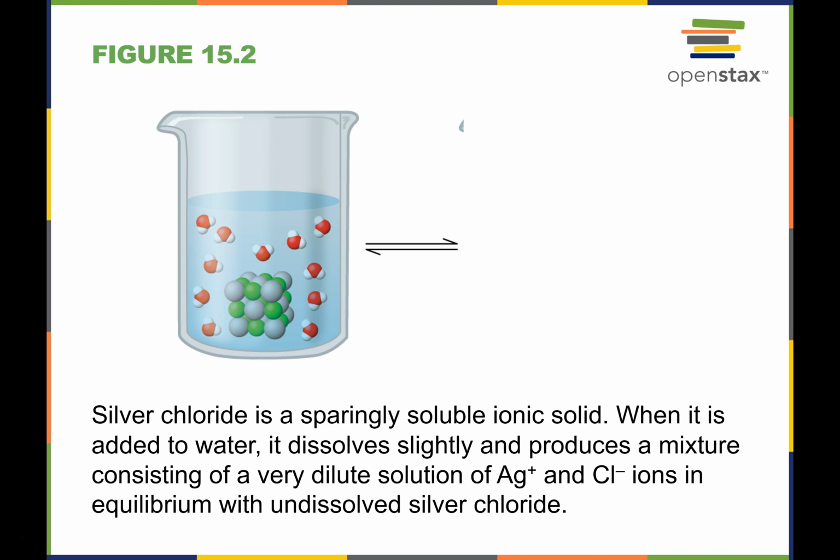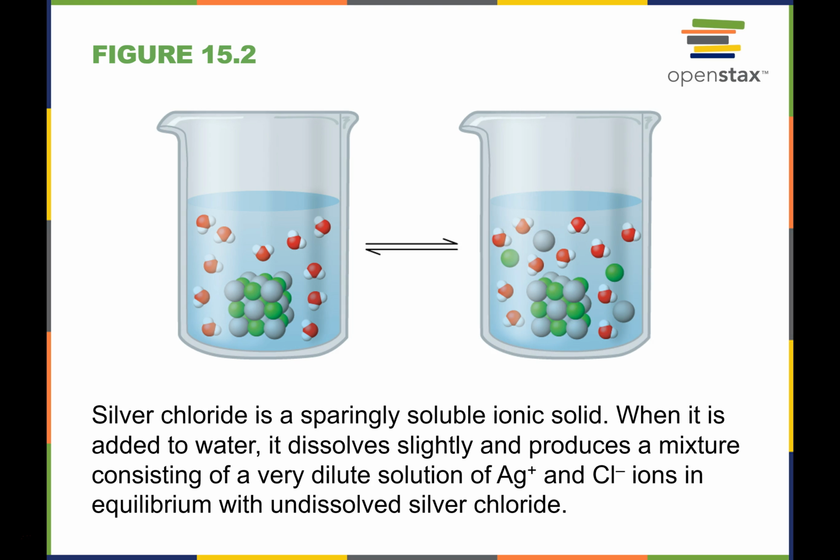So here we have an ionic compound submerged in water, and the dissolving process would look like this, where you have waters of solvation, kind of carrying off the ions from the crystalline lattice structure.